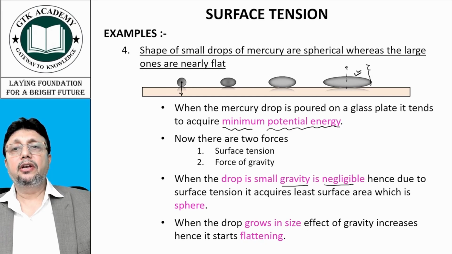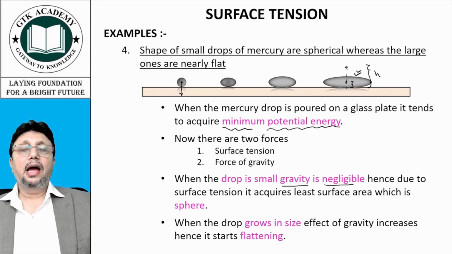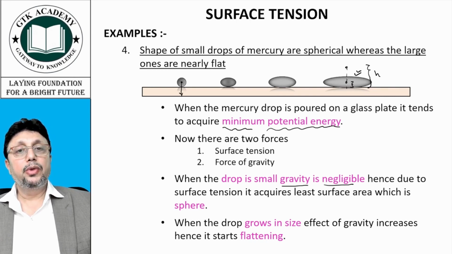So potential energy would have increased because the height is more, this height. Now the center of mass is at this place only. The height is small. Had there been no gravity, then this bigger drop also would have been spherical.